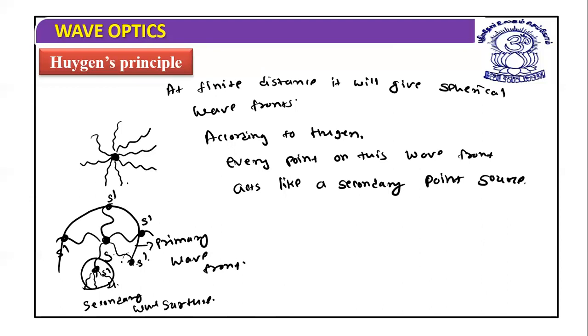Now each point on the primary wavefront has its own spherical secondary surface. If we draw a surface tangent to all these secondary surfaces, we will get the secondary wavefront.